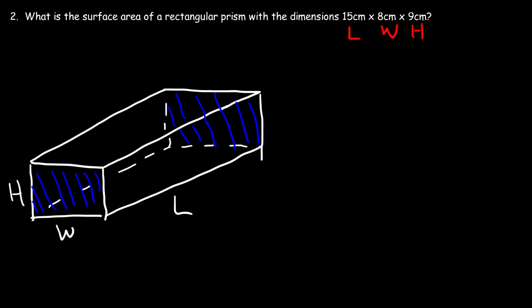So that's highlighted in blue. Notice that it's the width times the height. Same thing on this side. This is the width, and this portion is the height. So the area of the front and the back is just W times H, and because there's 2 of them, it's going to be 2WH.